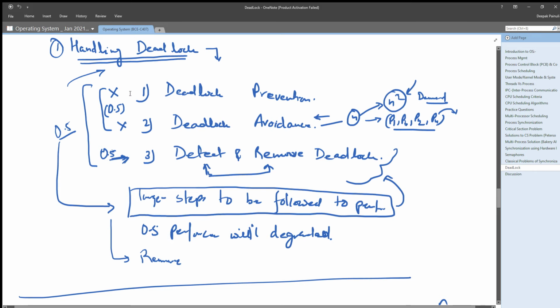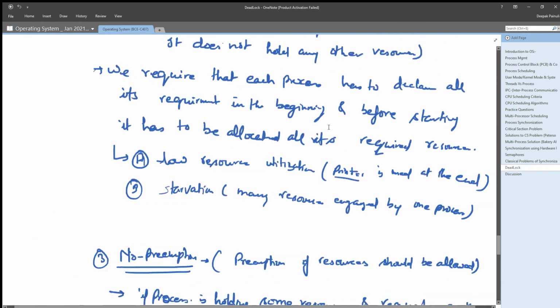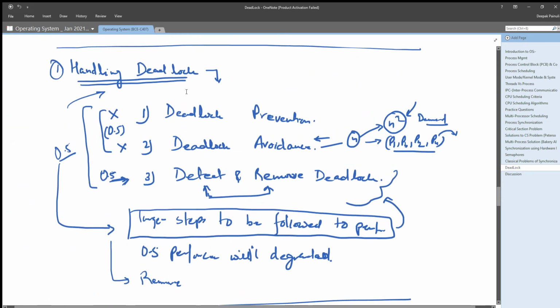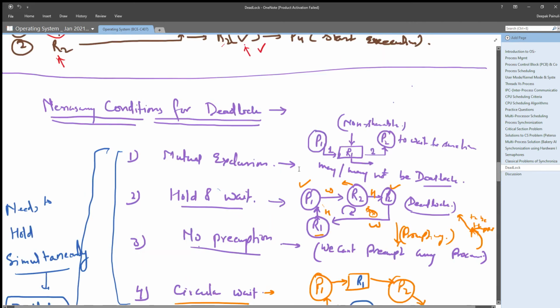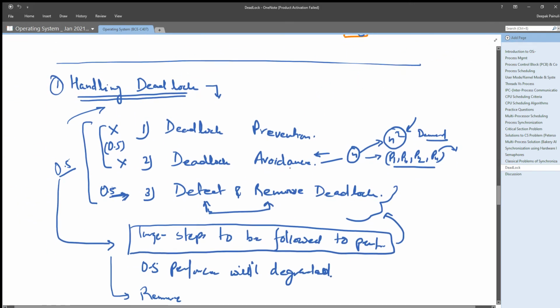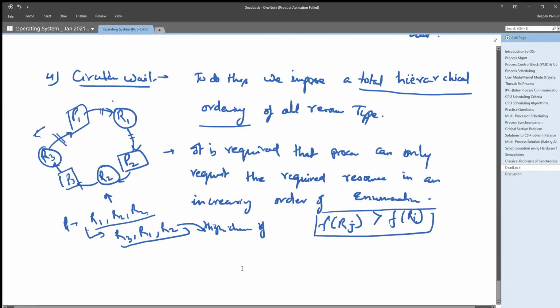As we already discussed, out of these three, we have discussed deadlock prevention techniques in detail, and today we will discuss the second deadlock handling technique, which is deadlock avoidance, right? Deadlock avoidance. So okay, let's start with deadlock avoidance.